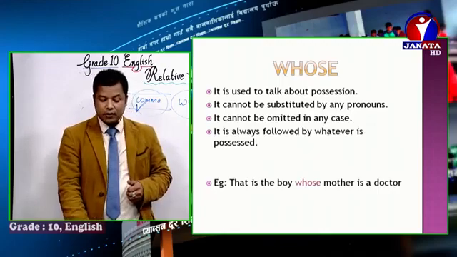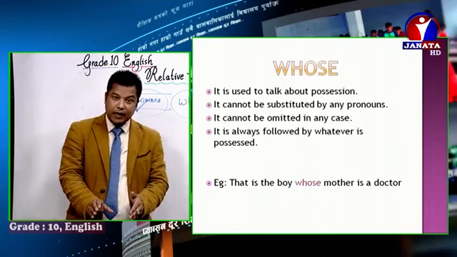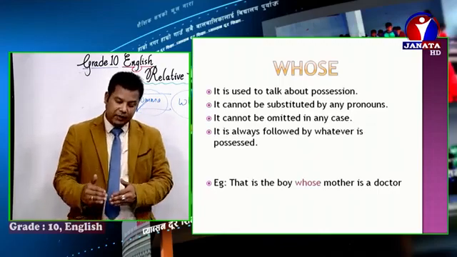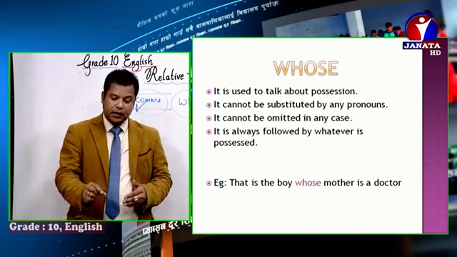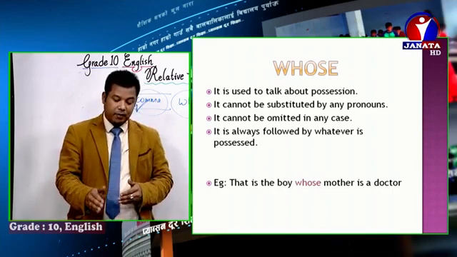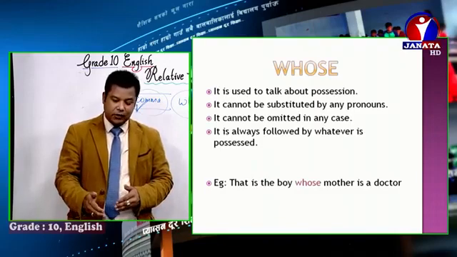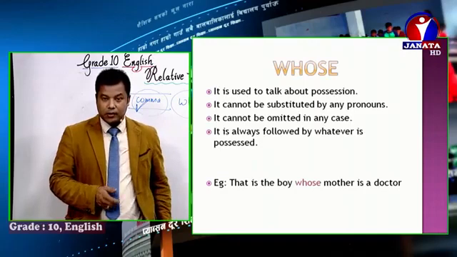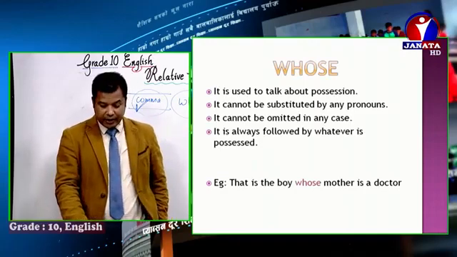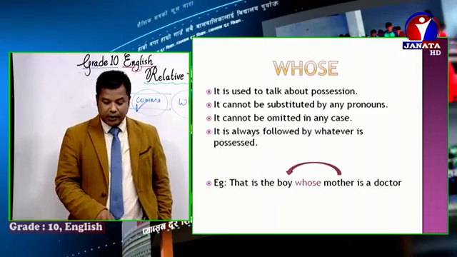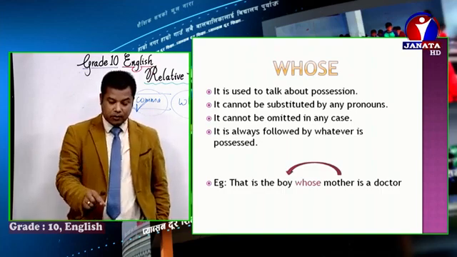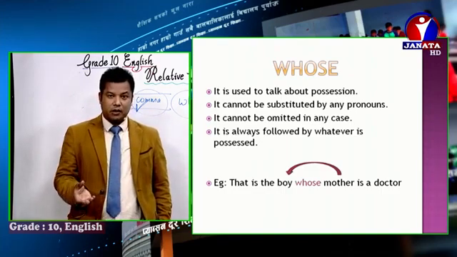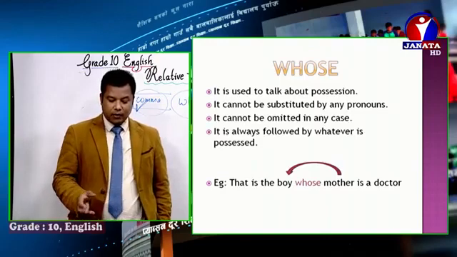Now whose. You can read it right over there, and then just see how the tips that are given to you are being expressed in the sentence. That is the boy whose mother is a doctor. And when you are showing that, see, the arrow is going to help you understand. Whose talks about possession, belongings, the mother. Now, whose mother is a doctor?